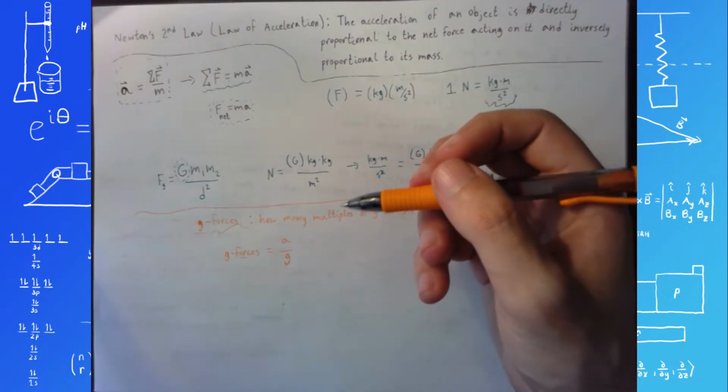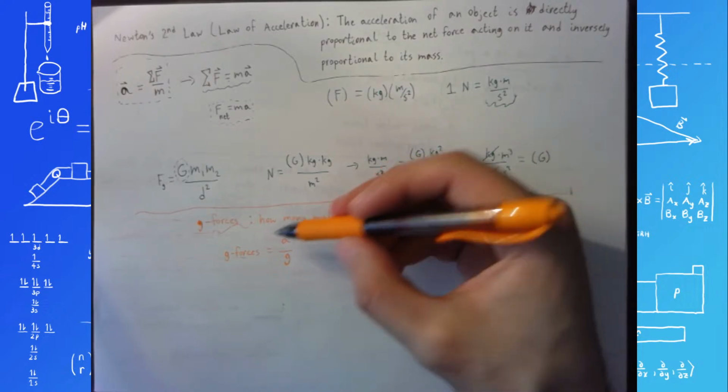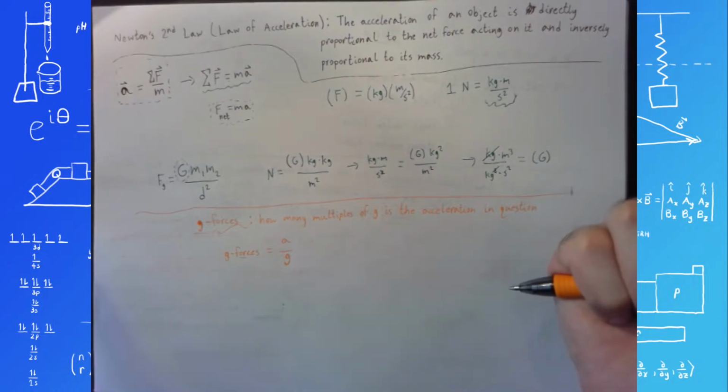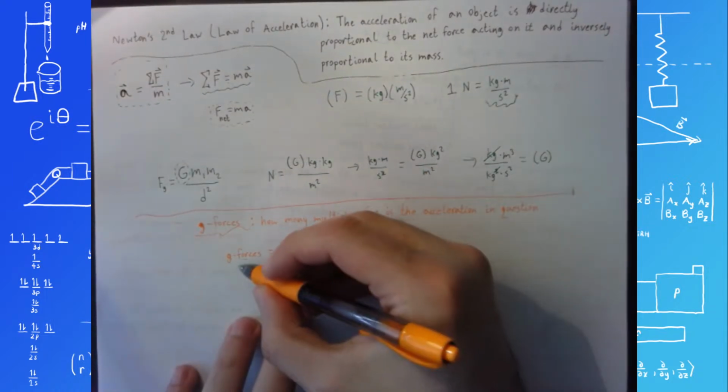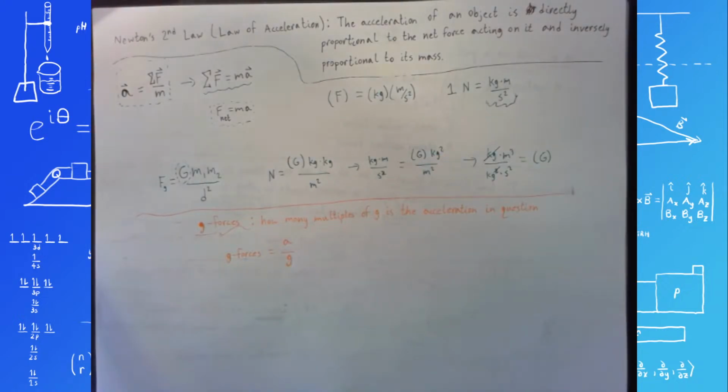So the object in question would be experiencing a G-force of 10G. It's just got an acceleration of 10 times G. That's all it is. So I would have preferred calling them G accelerations instead of G forces, but I didn't really have the privilege of being there whenever they coined this term. So it is what it is.